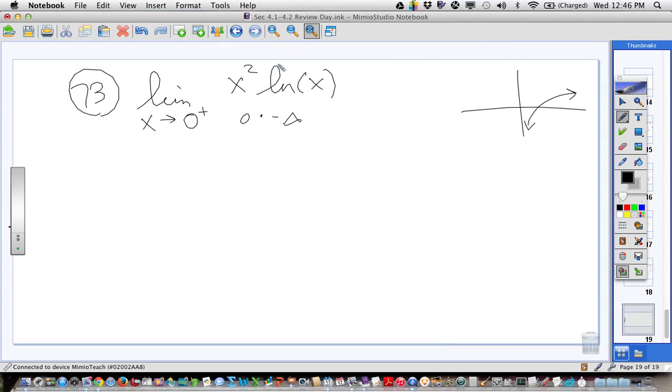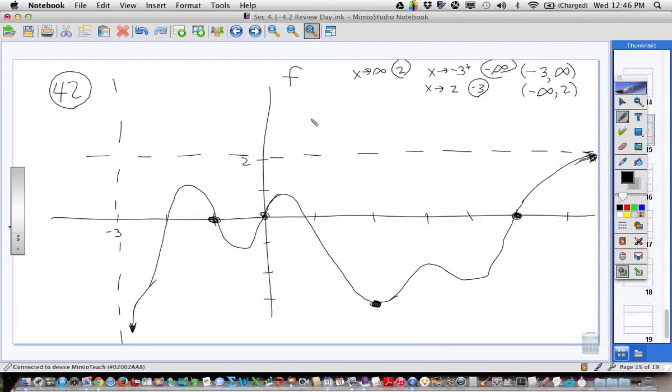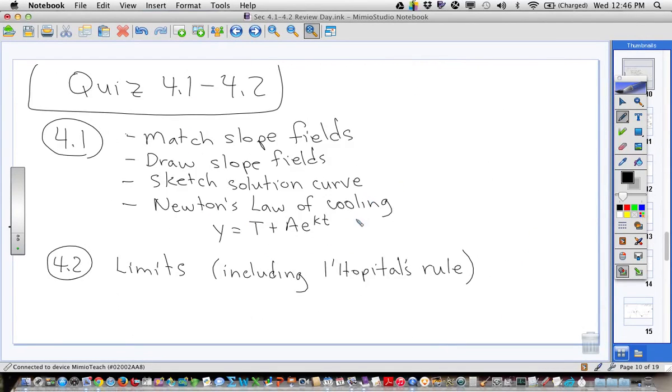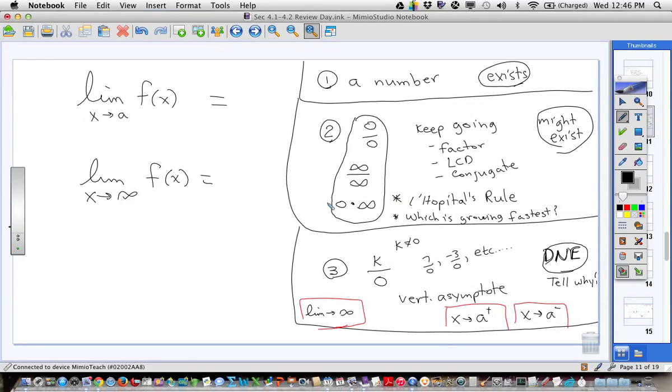So what we have to do, anytime we get 0 times infinity, let's go back to this. Anytime we get 0 times infinity, we have to turn that into one of these two. The way we do that is with a reciprocal. Technically infinity is not a number, but the reciprocal of 0 is infinity, and the reciprocal of infinity is 0.